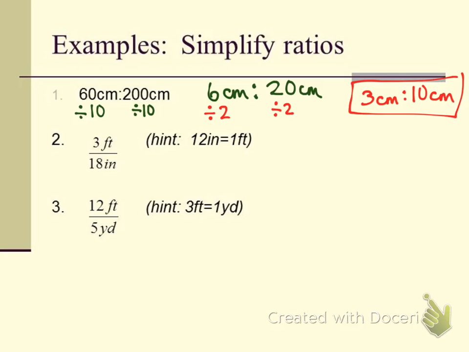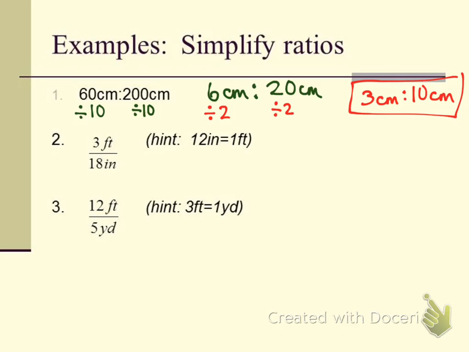Now, this only works when they have the same label. So if you have something like this where you have 3 feet and 18 inches, you need to change one of them. Do you want to change 18 inches to feet, or do you want to change 3 feet to inches? I think the 3 feet to inches would be easier. How many inches are in 1 foot? 12.